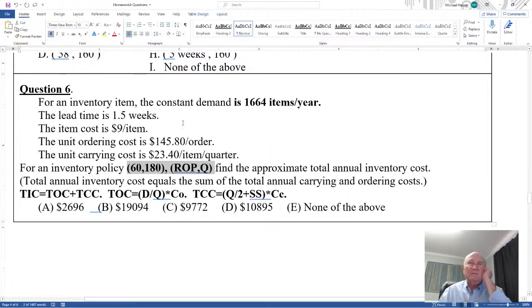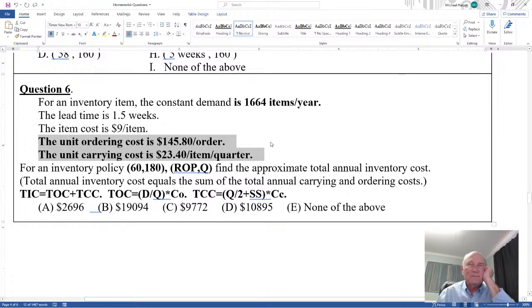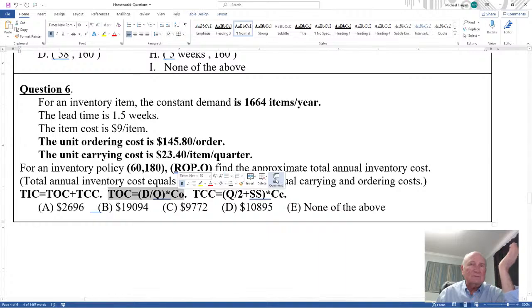We have those two numbers. Here's demand. So D over Q times C sub O, here's D in years, over Q, which is 180, times C sub O, which is 145. So that'll be my ordering cost in years.